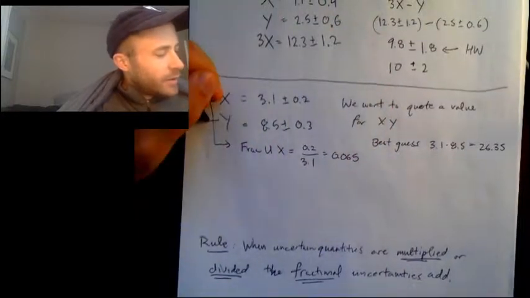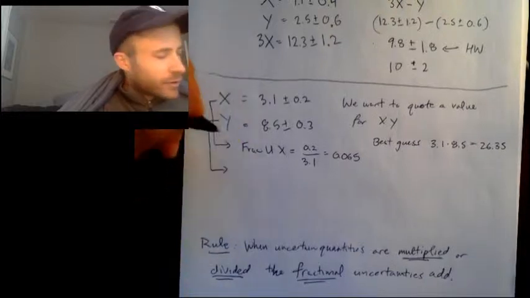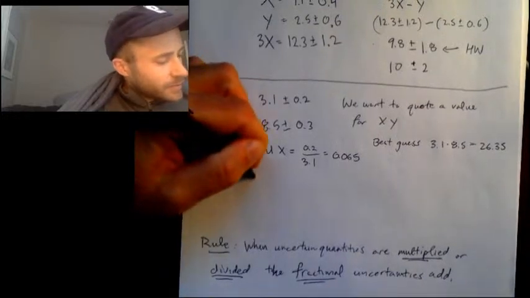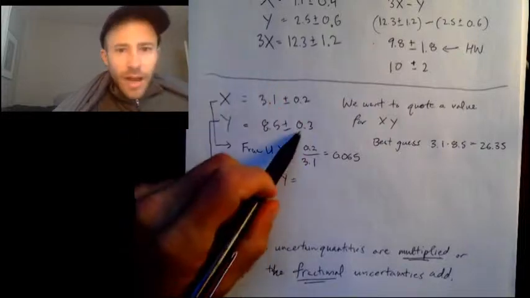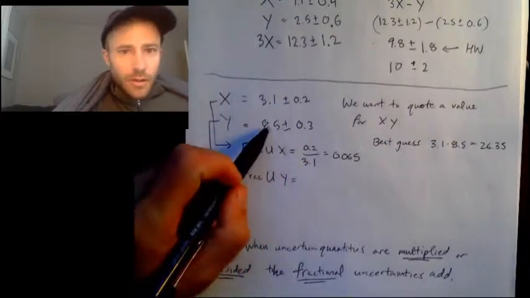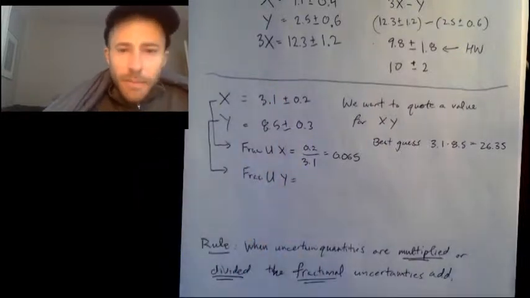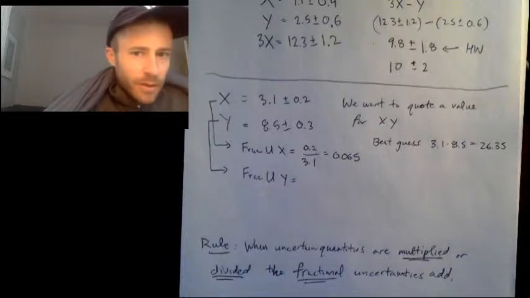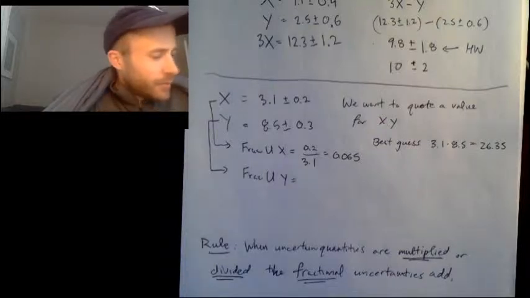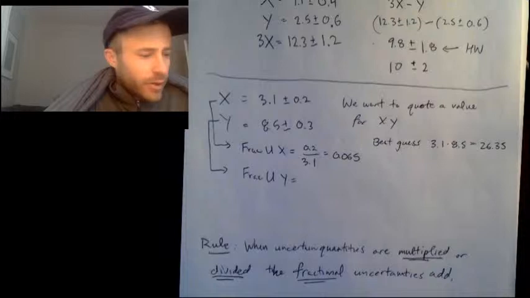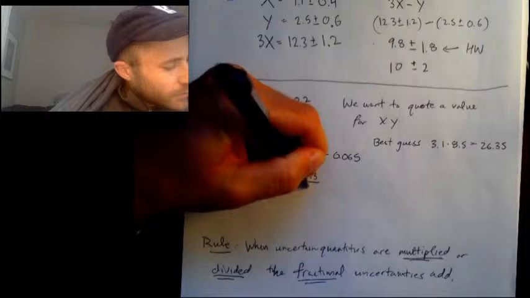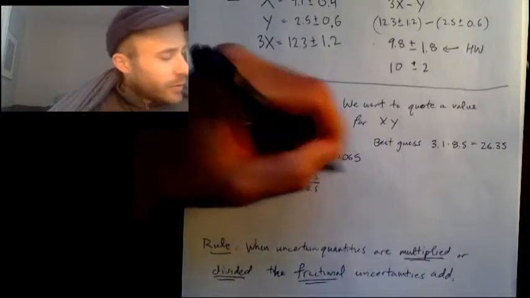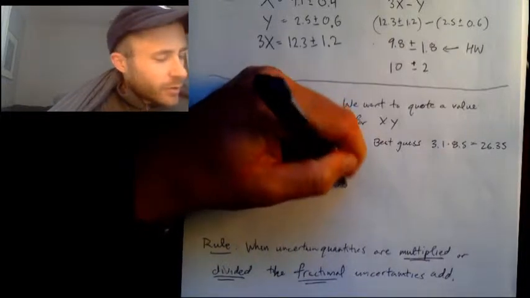And then the fractional uncertainty in y is going to be the absolute uncertainty divided by the value. Okay. So 0.3 divided by 8.5, which is going to be 0.035.